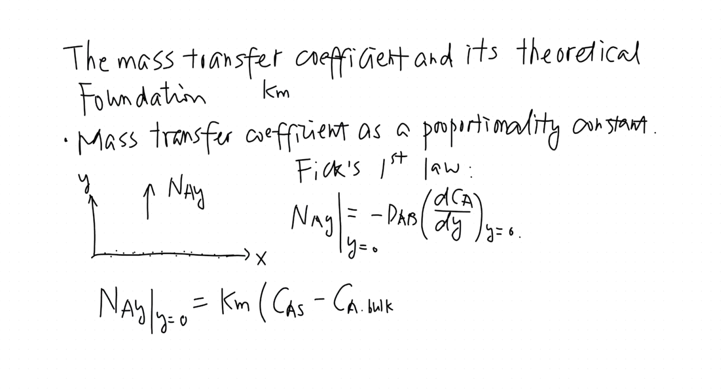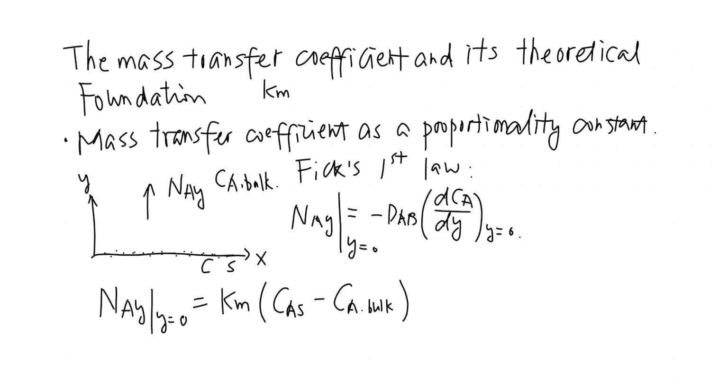On the plate, it's CAS. Far away, it is CA bulk. It's not necessary to be very far away; as long as it's beyond the boundary layer, you may consider it as the bulk.